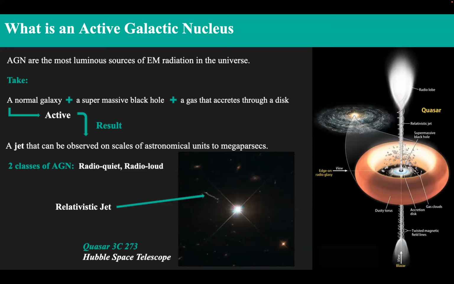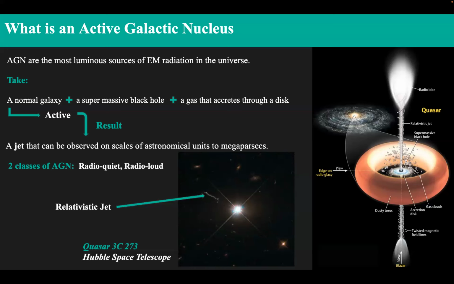Here you can see the anatomy of an AGN. You can see the black hole that powers the whole phenomenon. You can see the accretion disk, some gas clouds that can also feed the black hole along with the accretion disk. You can see the torus, which is actually dust that absorbs light from the AGN, and it makes the AGN invisible when we view the galaxy edge on.